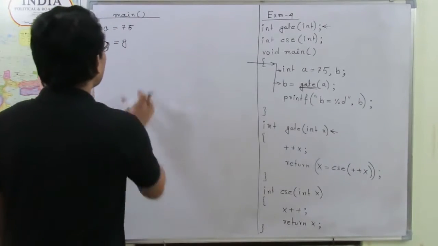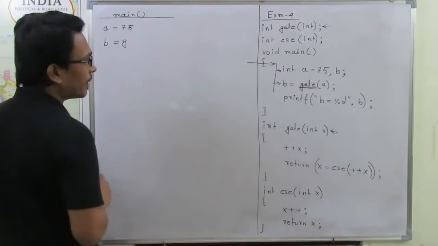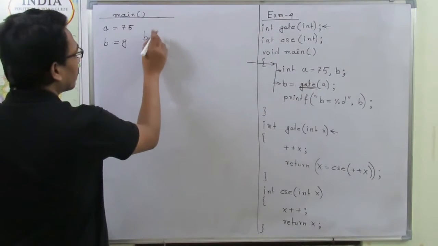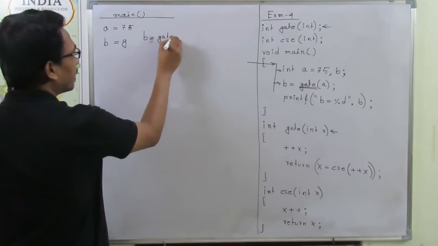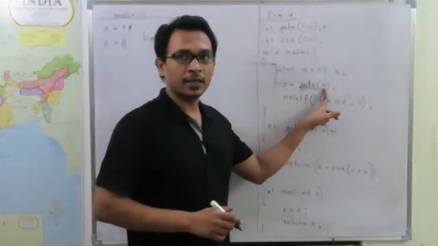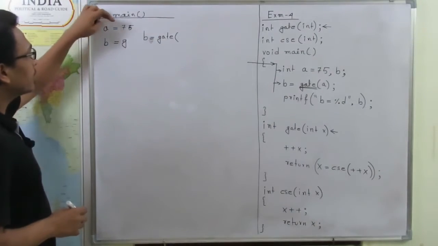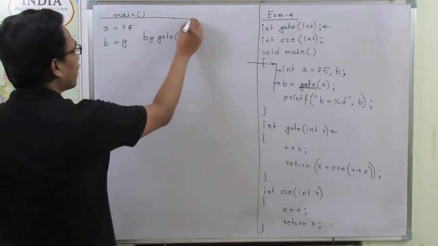Now from this main block the control of program execution switches to the function with name get, and the argument we passed is a. That means the value of a. What is the value of a in main? It is 75. That means here the argument will be 75.